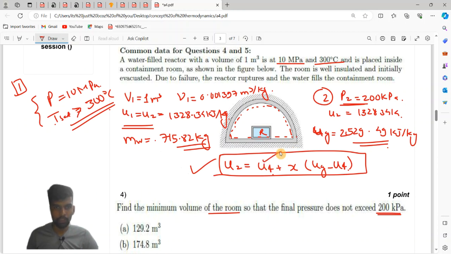From the table you will get the values of Uf and Ug, and u2 is with us. Then what we need to calculate is the quality of the water at this state. So x will be equal to u2 minus Uf divided by Ug minus Uf, which you can find from the table. It is written in short as Ufg. If we expand it, it will be Ug minus Uf. So from here we will get some value of quality.